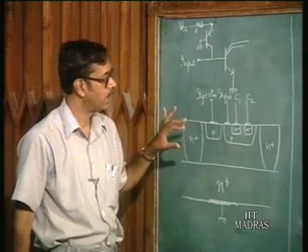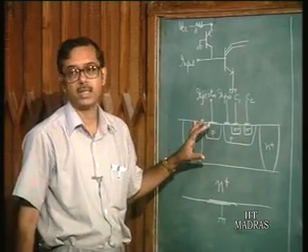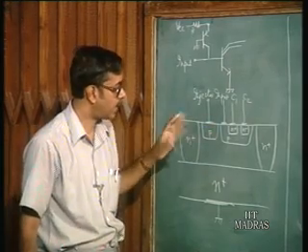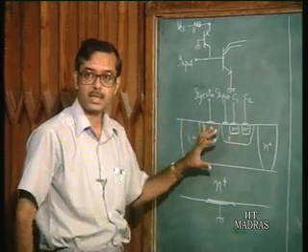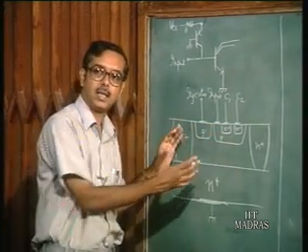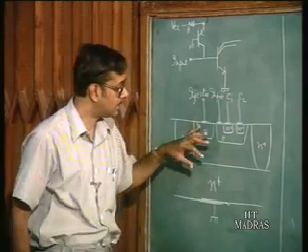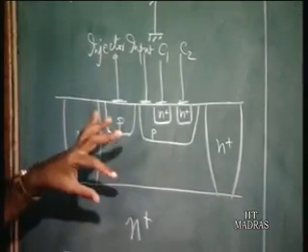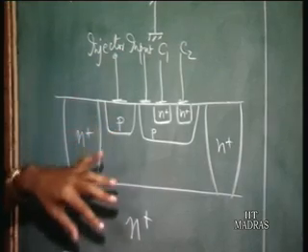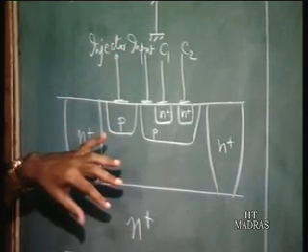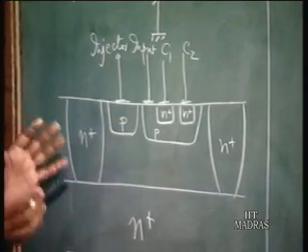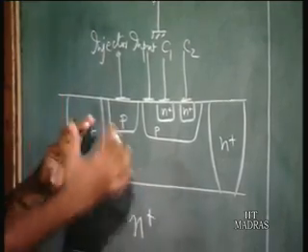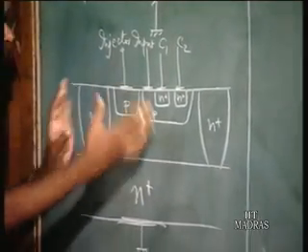This is very important especially in the case of I squared L, because most of the advantages of I squared L, as we discussed with the merged transistor structure, as well as most of the drawbacks or problems associated with I squared L, are associated with this particular structure, because the transistors have been merged.